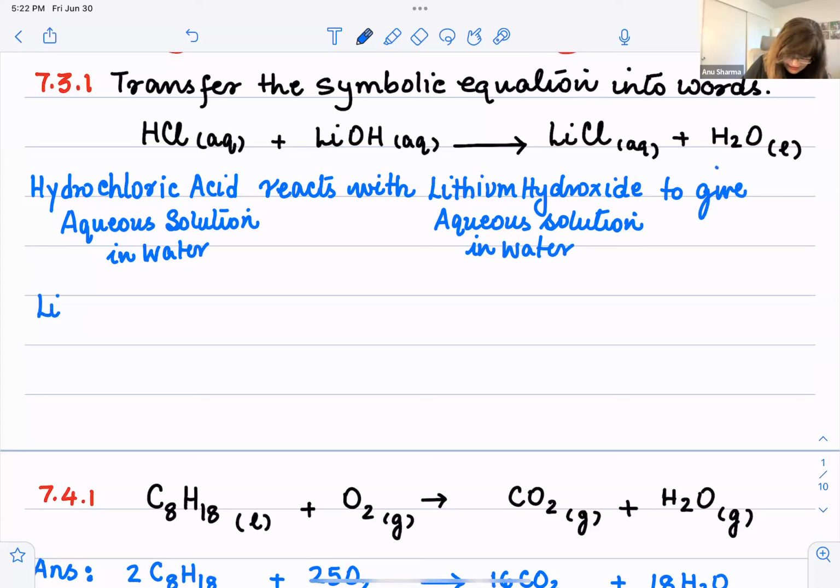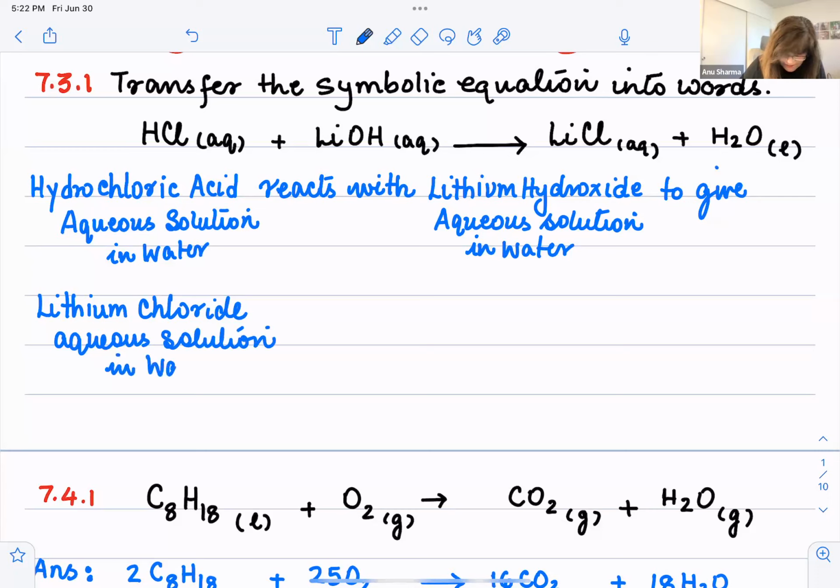Reacts with to give, what is it giving? Lithium chloride. Lithium chloride is also soluble, in aqueous solution, meaning the lithium chloride is dissolved in water.